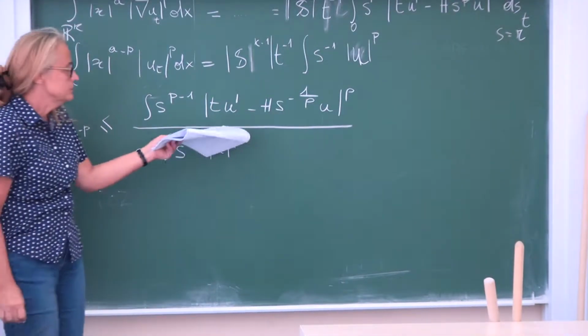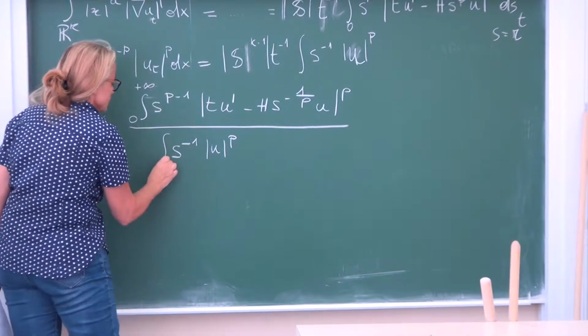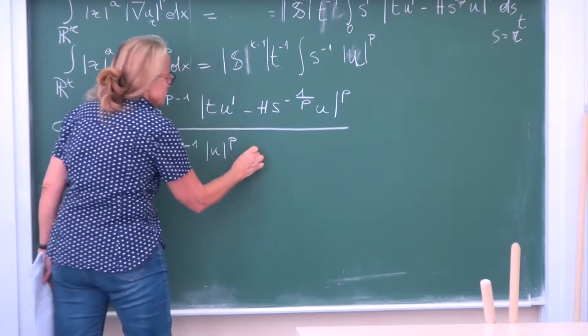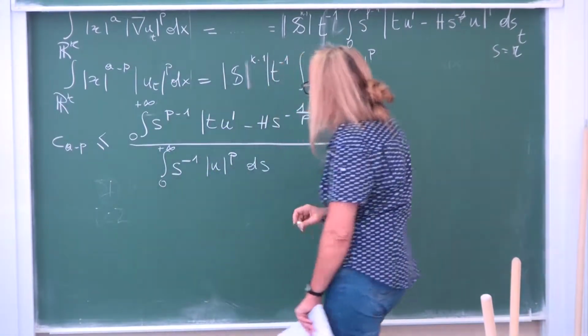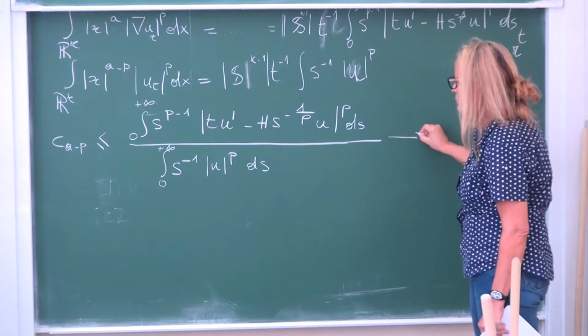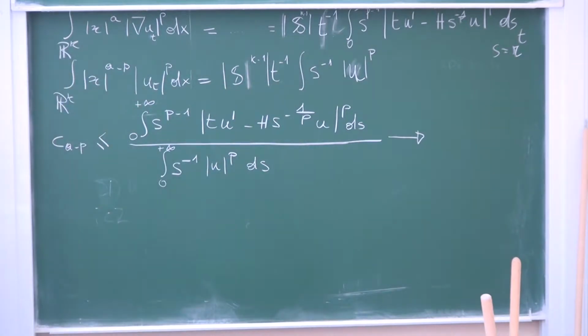u is a fixed radially symmetric function. I regard it as a function with compact support on the positive real line. Then I let t go to 0. What does it mean?